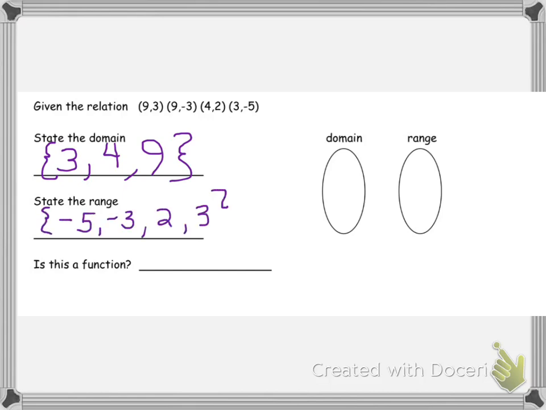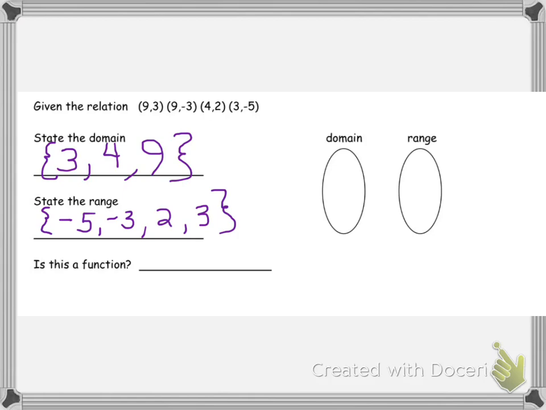An interesting point to note is although 9 shows up in two different ordered pairs, we only list it once as part of the domain. Once you've identified an element of a set, you don't have to say it's there a second time. You've already said it's there.